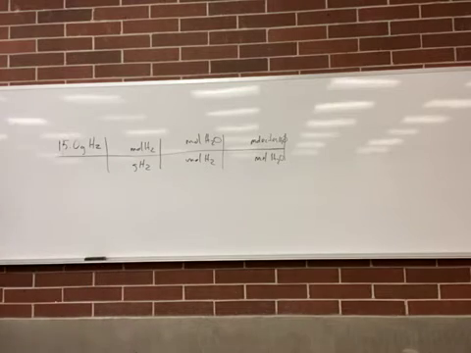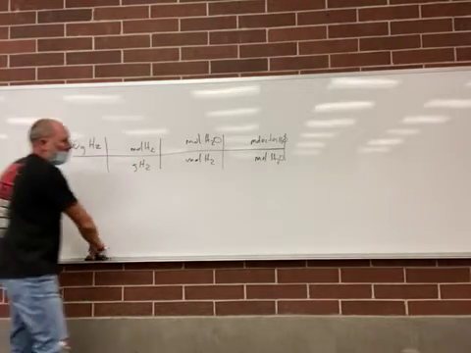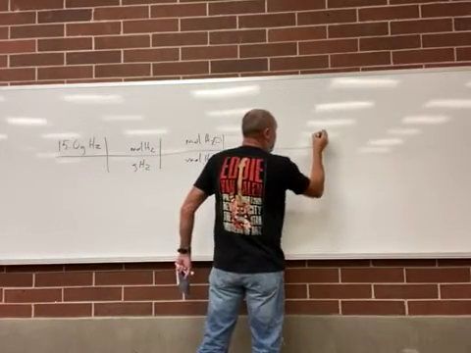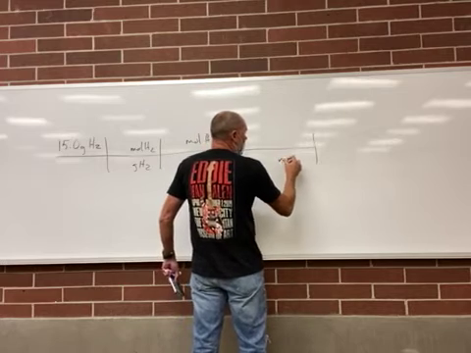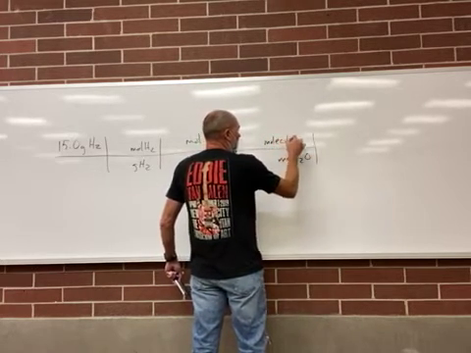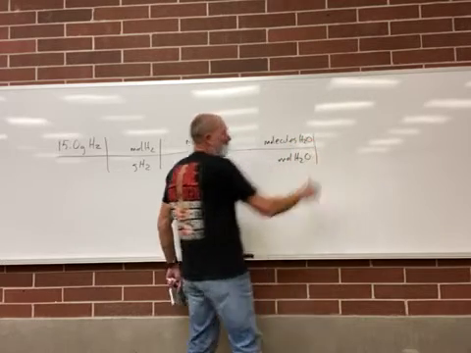Okay? So, I'm going to make that one a little bit bigger there, Hannah. Make that one a little bit larger. Moles of water, molecules of water. Okay? So it's all set up.